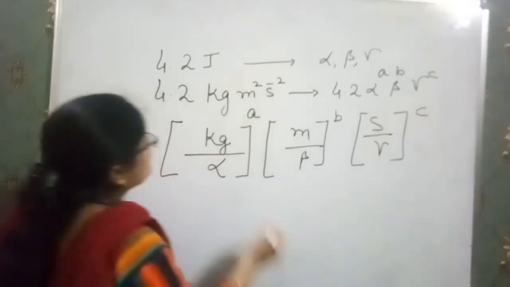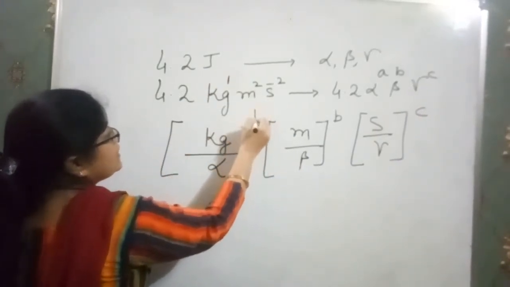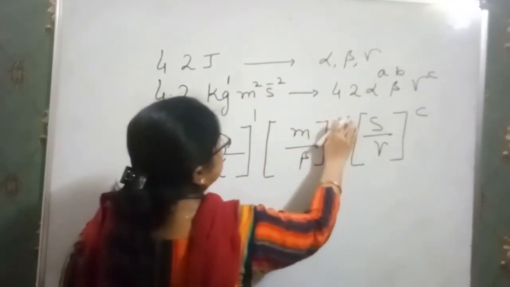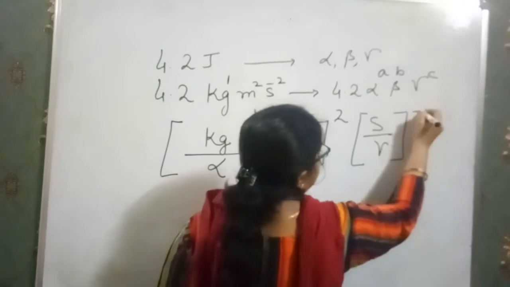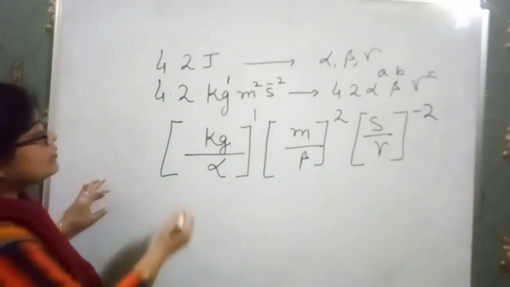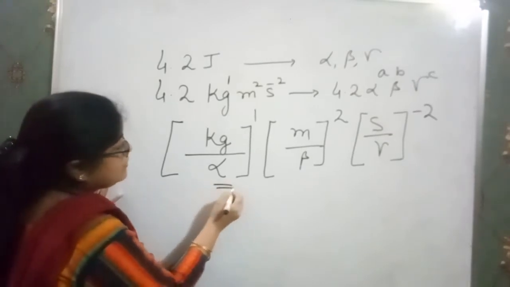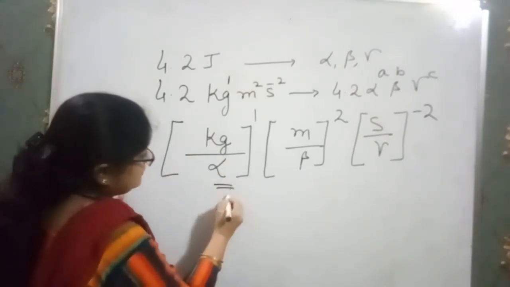Now when we compare it, we have power 1. So we write it over here 1, we write it over here 2, and we write it over here -2. Clear? So this is alpha. So when we convert it, it becomes alpha^-1.